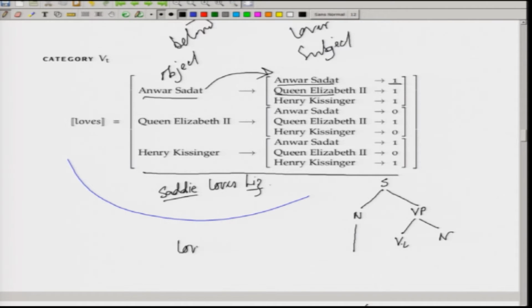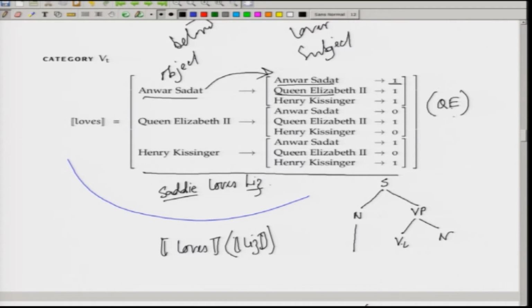We need to understand loves Liz. We are calculating the truth value of loves Liz. So, what is Liz? Liz is nothing but Queen Elizabeth, that is, Queen Elizabeth II, and what is the result?